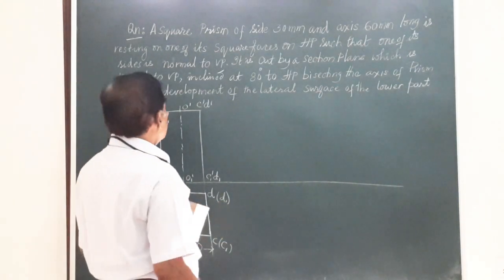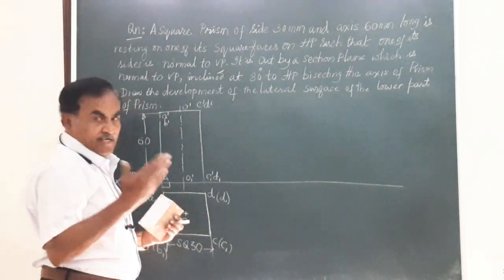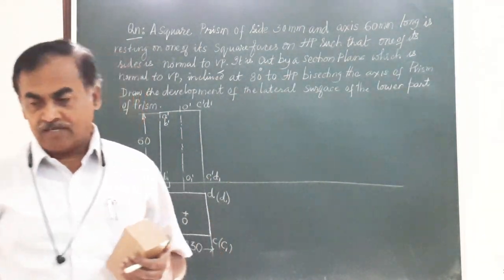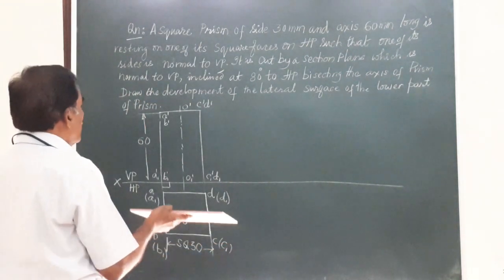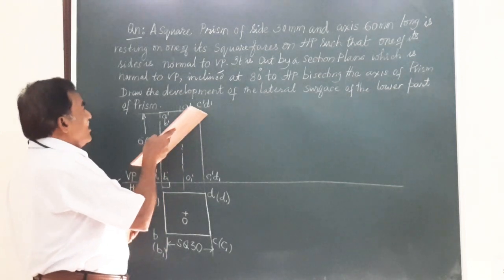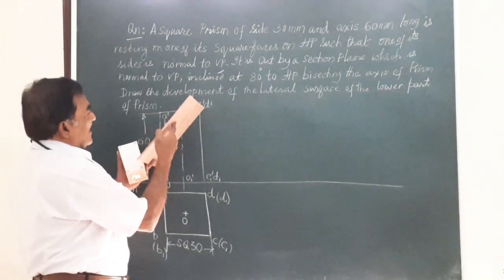After this, he says the solid in this position is cut by a section plane which is normal to VP. Whenever the section plane is normal to VP, it could be a horizontal section plane or it could be a section plane inclined like this.